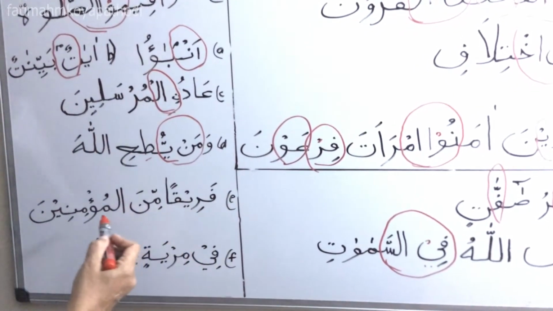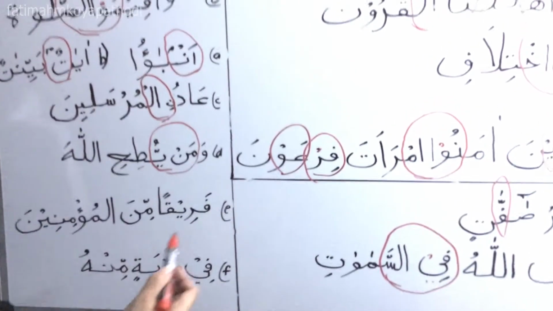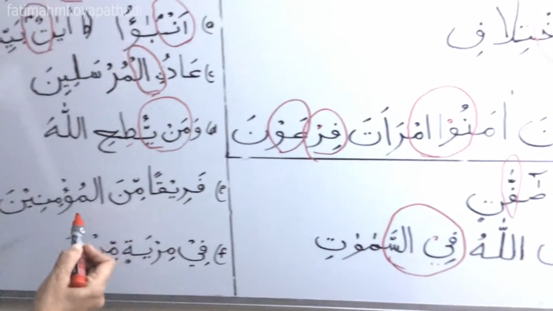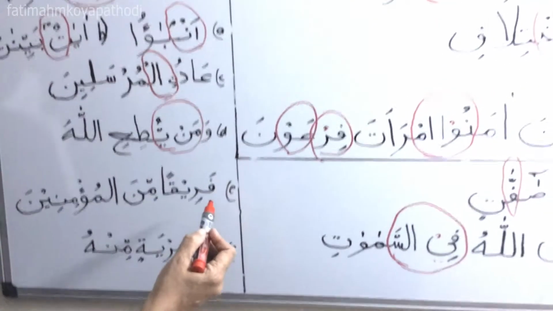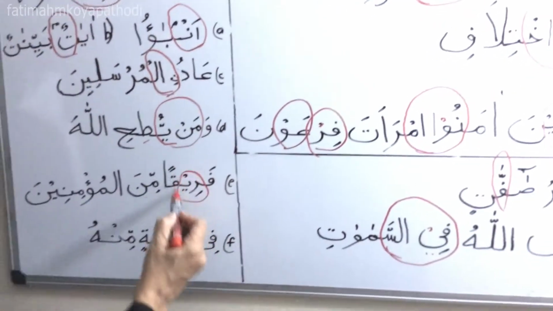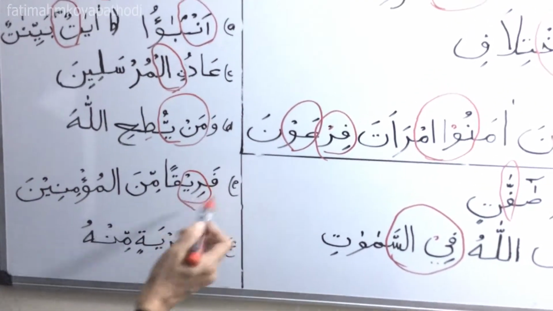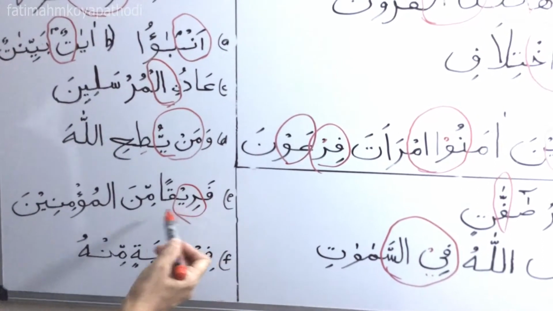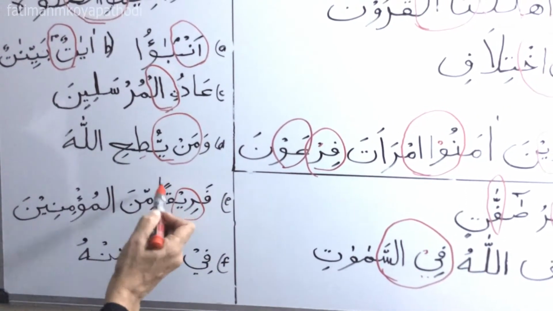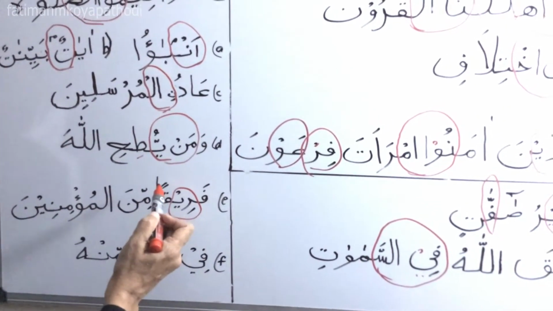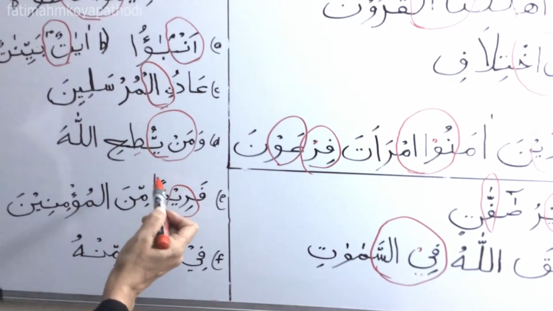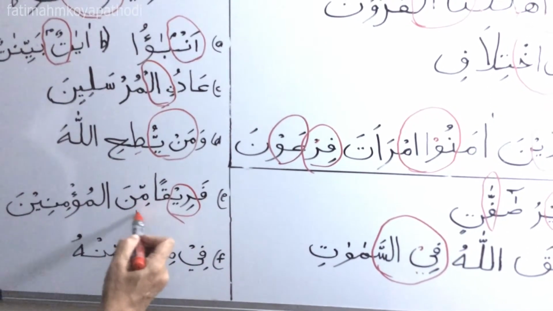فَرِيقًا مِنَ الْمُؤْمِنِينَ. Here you have a fatha, ri, you have lengthened kasra, but here the rule is kammi. What is here is fari, the normal way we analyze. Fari, kammi. Now again we are dropping one tanween, from the tanween we are dropping the noon sound and taking over with the meme.